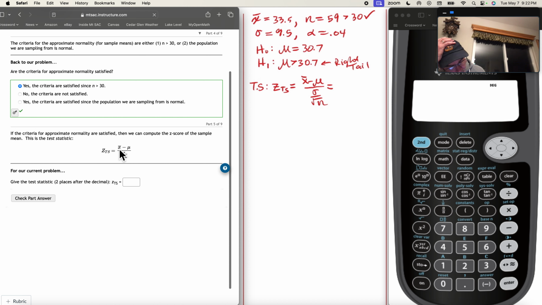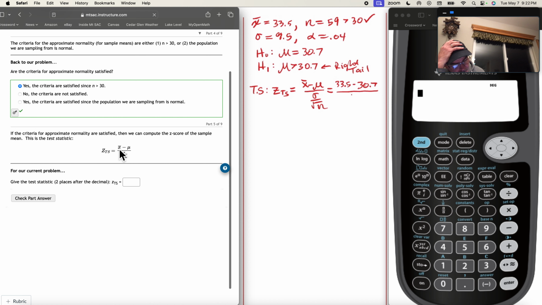Okay, so x bar is 33.5. Mu is, we're using 30.7. Okay, over standard deviation 9.5. Over the square root of n, that would be the square root of 59. Okay, so that's the computation. And then over to the calculator.